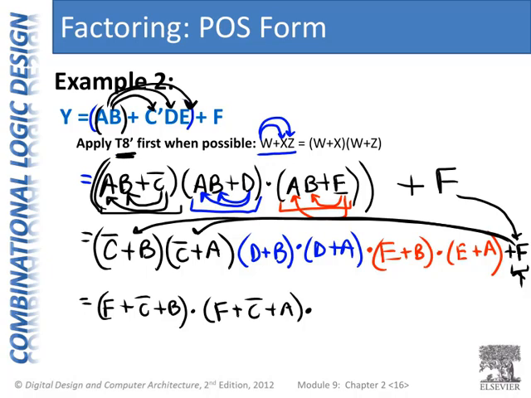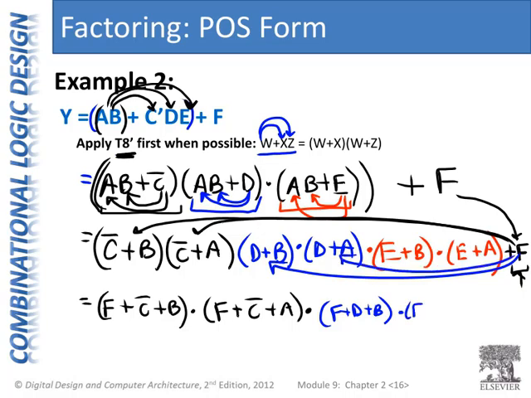And this next term, F or D or B, and F or D or A, and F or E or B, and F or E or A. And then we can rearrange those terms in alphabetical order.